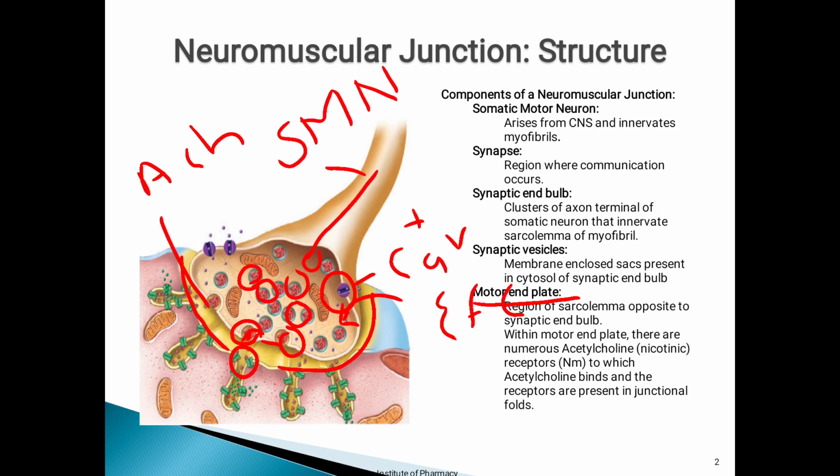These ion channels, which are in close association with the acetylcholine receptor, will open. Once these channels open, sodium will come into the muscle fiber. The sodium from the extracellular fluid will come into the muscle fiber. So once sodium comes in, muscle contraction will start.